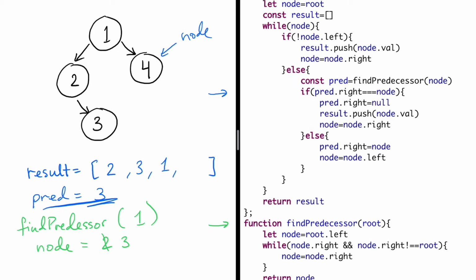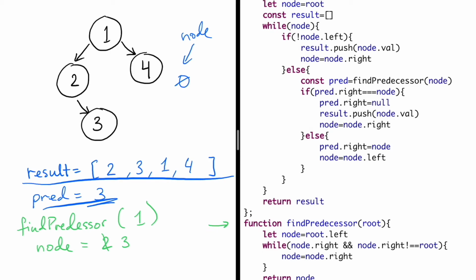So my node will be updated to node 4. And then executing the while statement again, I have that 4 doesn't have a left child, so its value will be recorded in the result array, and then I will go to the right. Since 4 doesn't have a right child, node will be set to null, so I will break out of my while loop and then return my result.